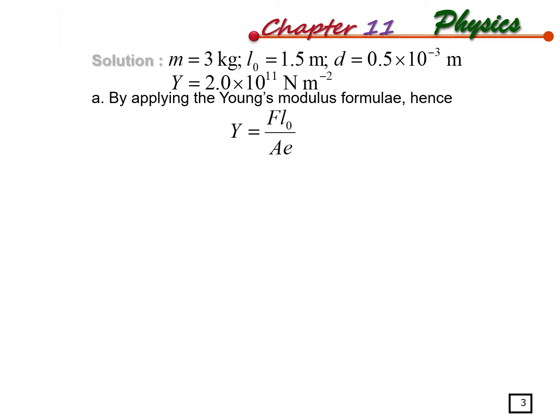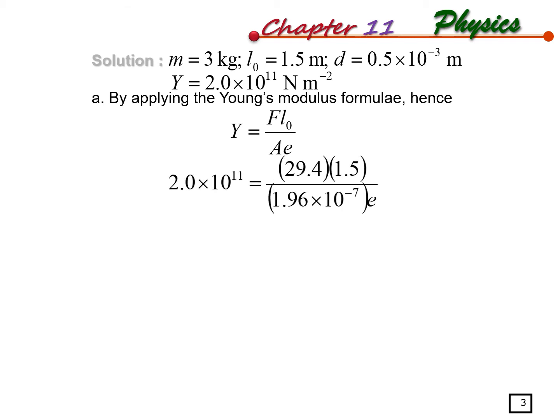Okay, and then by applying the Young modulus formula, just replace in the value over here, and then we can determine the value of e, which will be the extension or elongation, which will end up with the final answer 1.13 times 10 to the power of -3 meter.